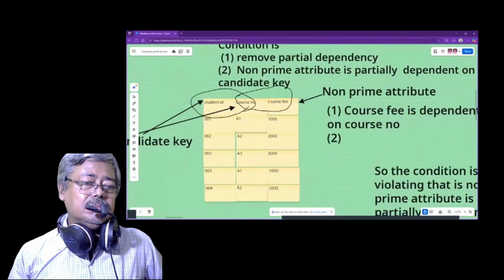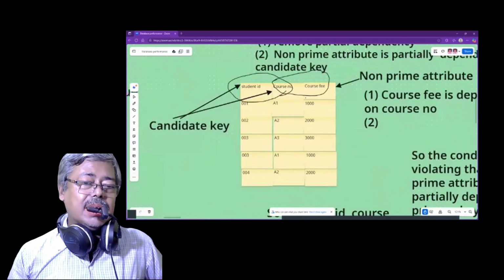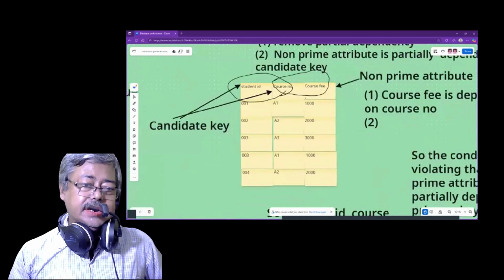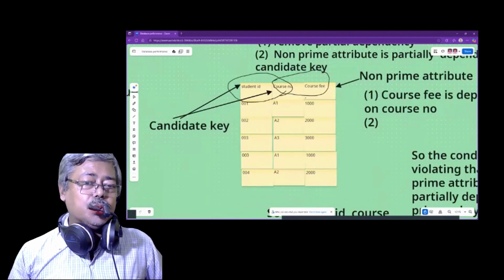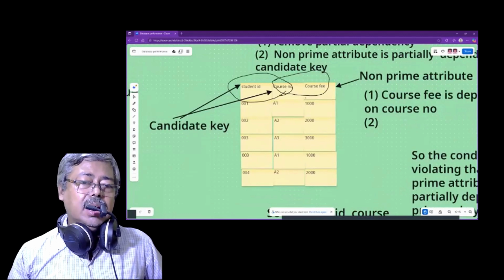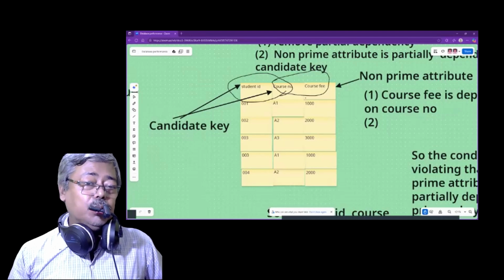In the second normal form, the table shows student ID and course number, and this student ID and course number is a composite candidate key. Another attribute is course fee. Student ID and course number are the key, and course fee is dependent on the course number, not on both keys.